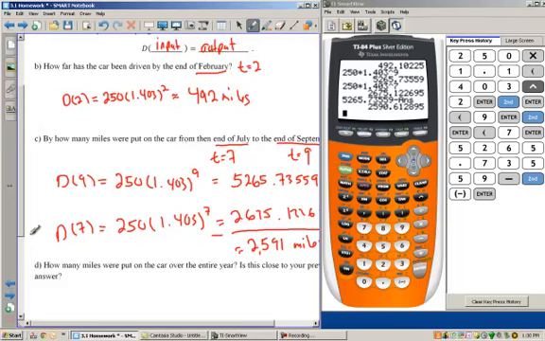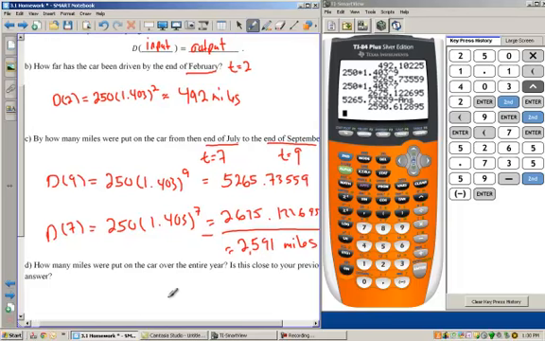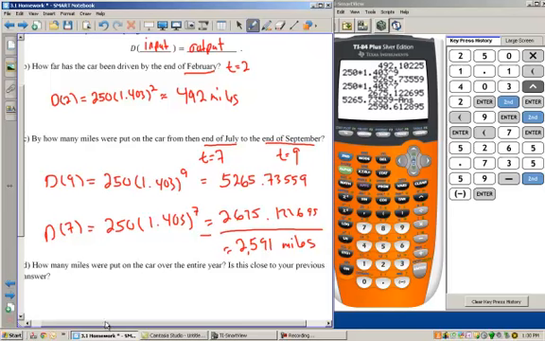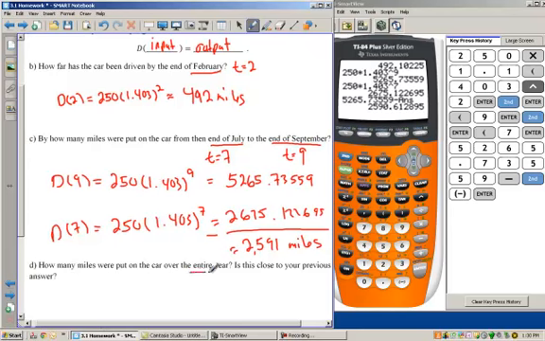Now the last problem says how many miles were put on the car over the entire year, and it asks if this is close to our previous answer. To figure this out, all we need to do is figure out what it means by an entire year. So this is t equals 12. And so we want to find d of 12, which, if you look up at your formula, is equal to 250 times 1.403 to the 12th.